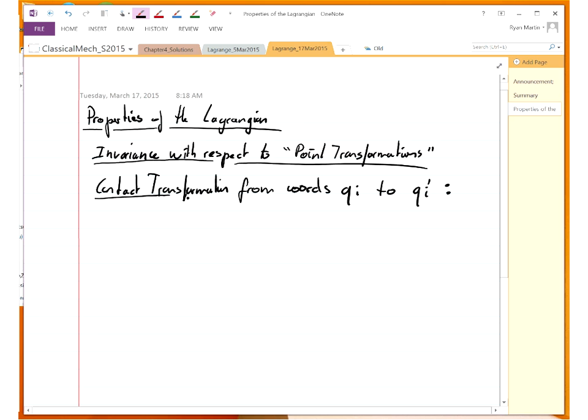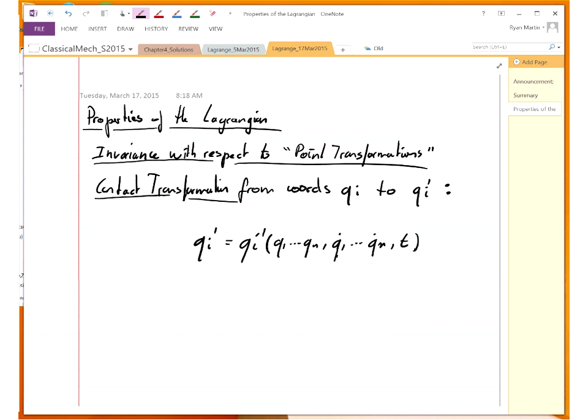A contact transformation is where the new coordinates, the qi primes, are functions of the original coordinates q1 to qn, as well as the generalized velocities of the original coordinates, and then in principle time as well. That's what we call a contact transformation.